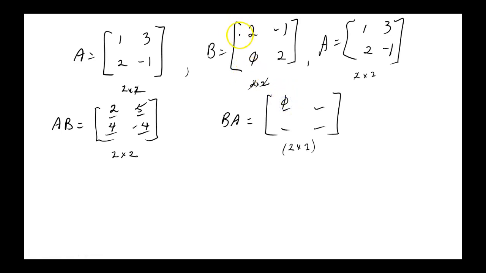Next, 1, 2. Okay. You're doing 1, 2 or 2, 1? One, 2. Okay, it would be first row of B times the second column of A, right?